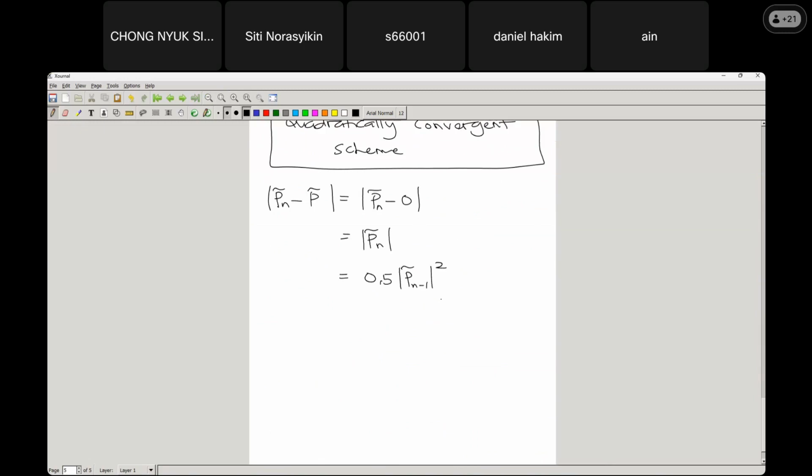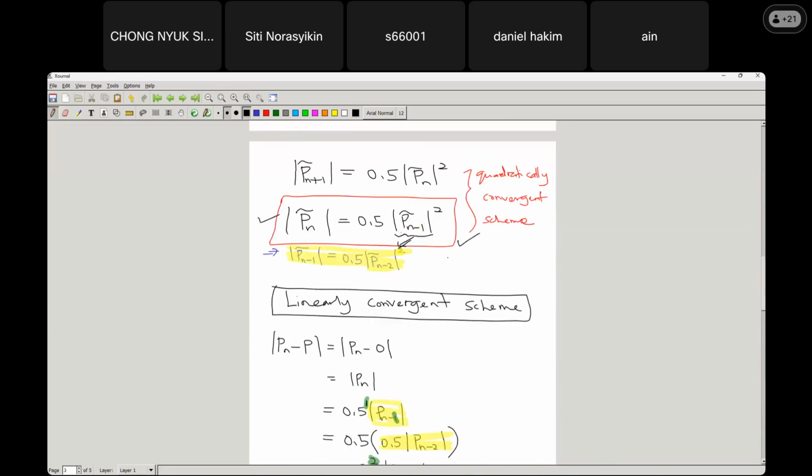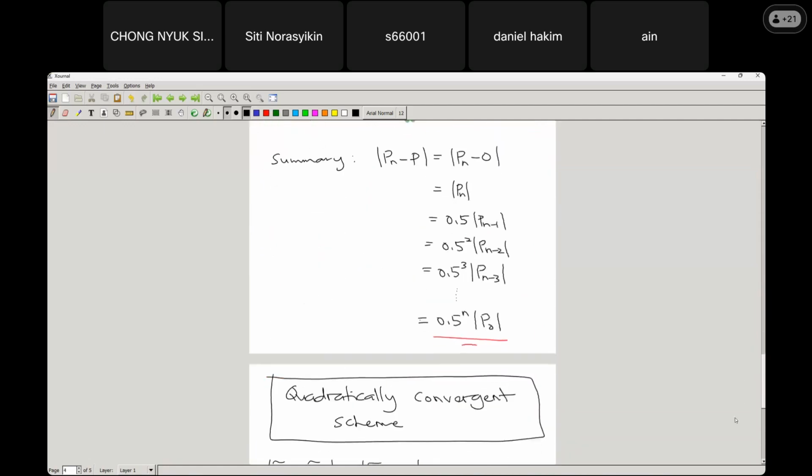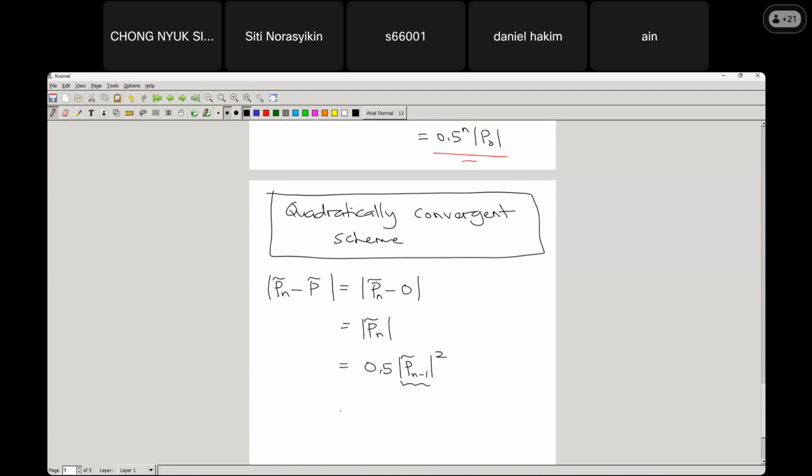Next, I'm going to substitute this Pn minus 1 tilde, which is equivalent to this one, into the formula. So I will have 0.5 times, remember there is a square out here, so I need to put something squared: Pn minus 1 tilde, this is equivalent to 0.5 Pn minus 2 tilde squared.